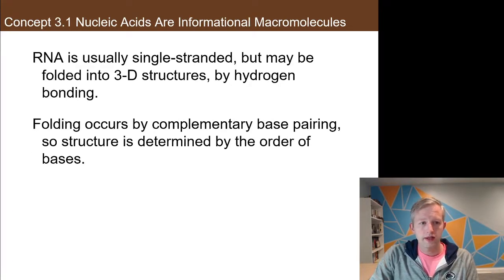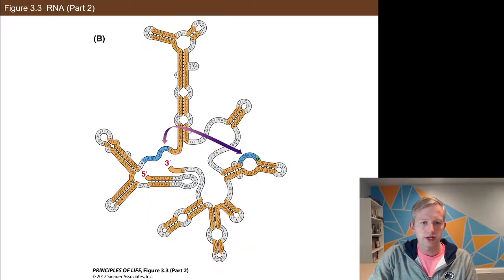So RNA is single-stranded. It still folds up into unique shapes, and here's an example of that. Even though RNA is single-stranded, complementary regions of that RNA will still line up together, and so they can fold up, very similar to what we'll see in the next section of this chapter with proteins.